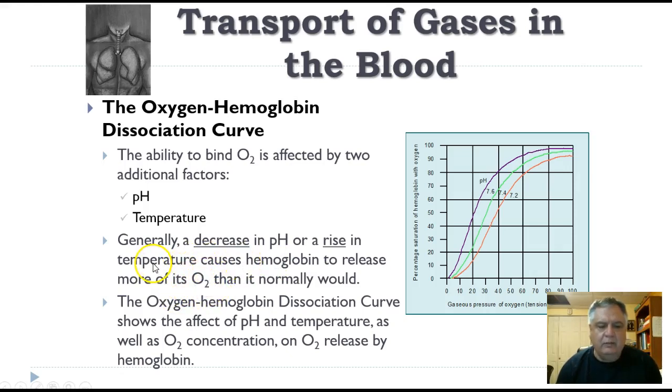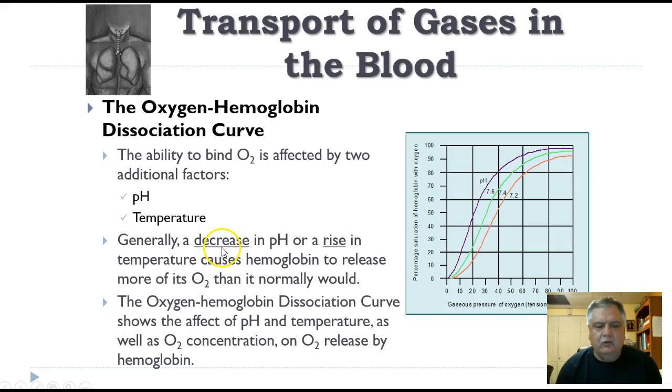So remember, with temperature, there is a direct relationship between temperature and oxygen release from hemoglobin. The higher the temperature, the greater the oxygen release. But there's an inverse relationship between pH and oxygen release from hemoglobin. The lower the pH is, the faster the oxygen is released from the hemoglobin.